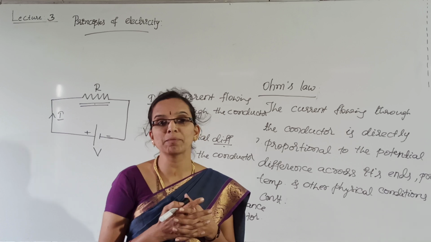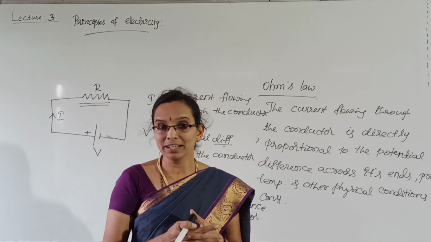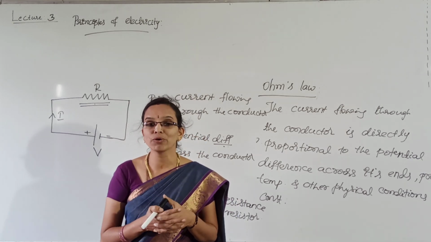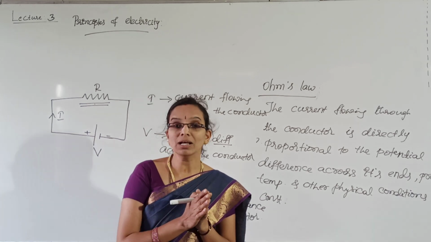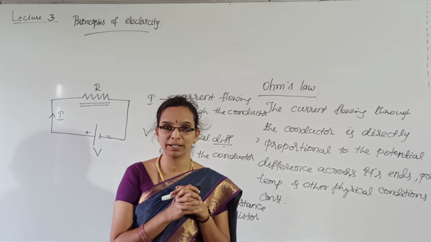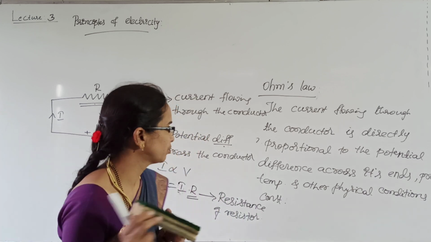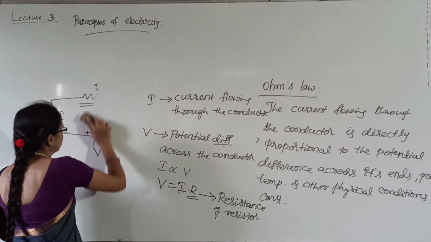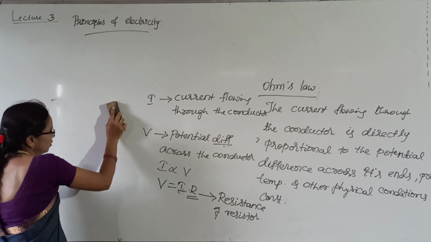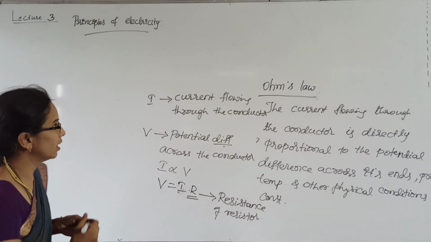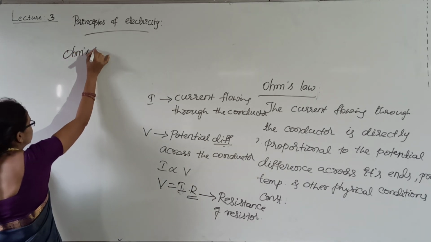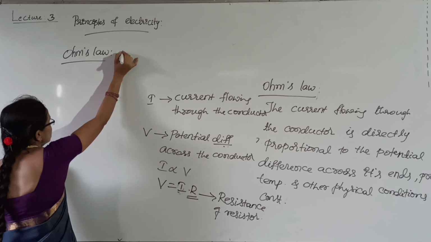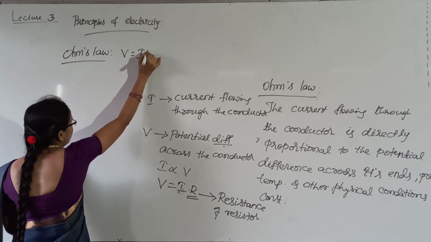Resistance is nothing but the property of the conductor which opposes the flow of current. Also, resistors are used to limit the flow of current. Let's write this Ohm's law, that is V is equal to IR.